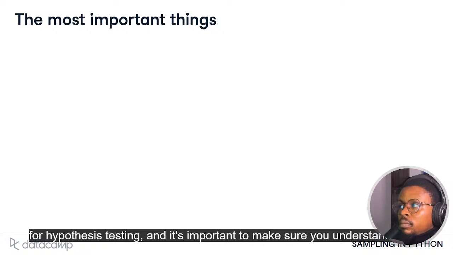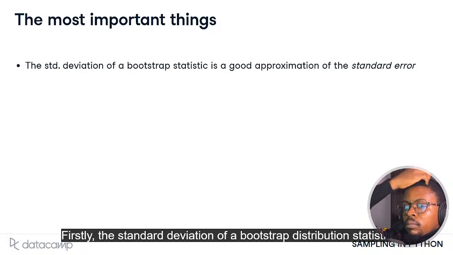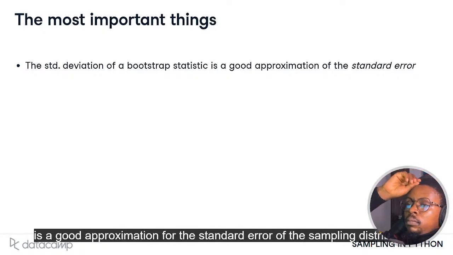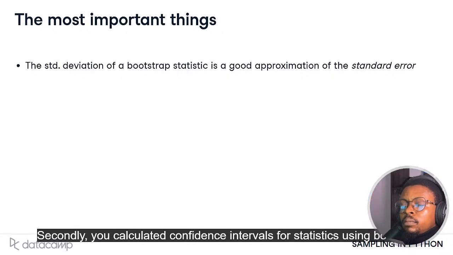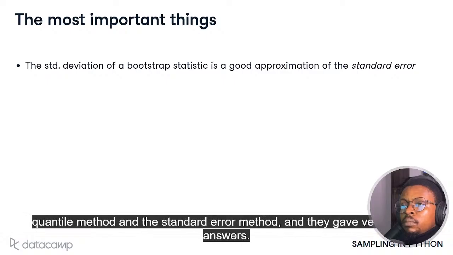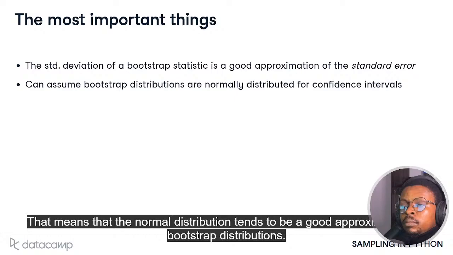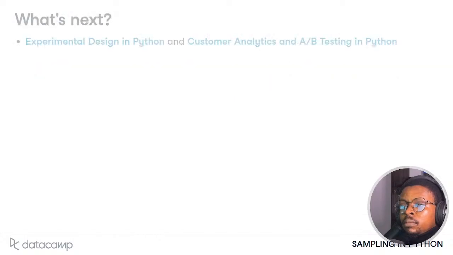Firstly, the standard deviation of a bootstrap distribution statistic is a good approximation for the standard error of the sampling distribution. Secondly, you calculated confidence intervals using both the quantile method and the standard error method, and they gave very similar answers. That means that the normal distribution tends to be a good approximation for bootstrap distributions.